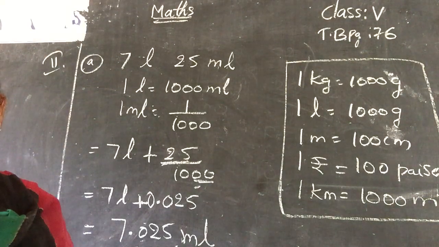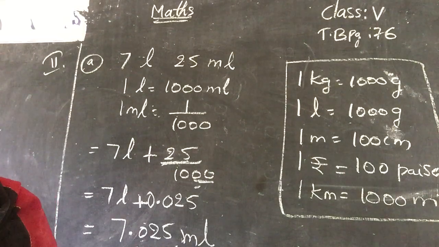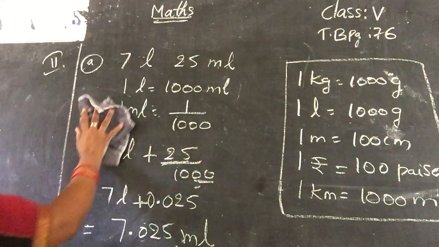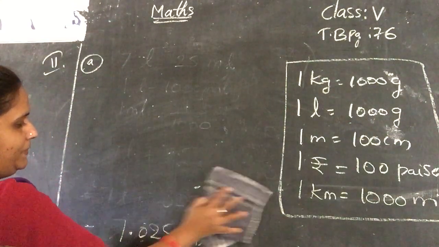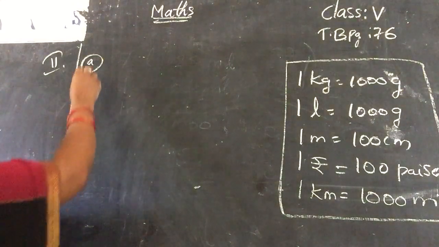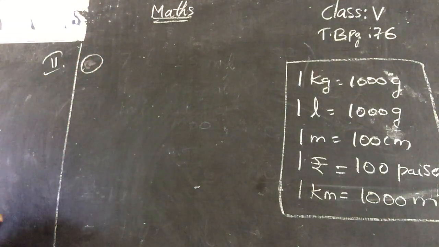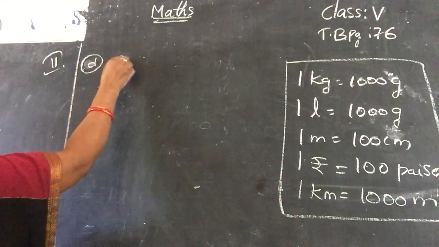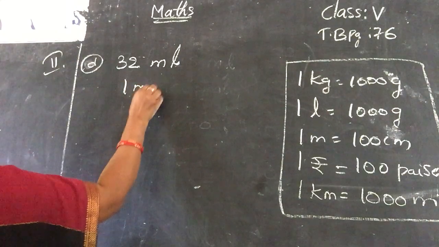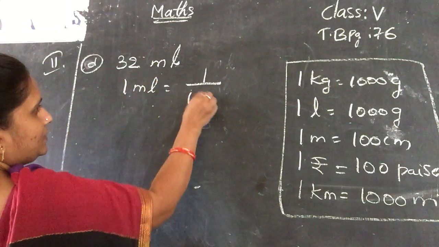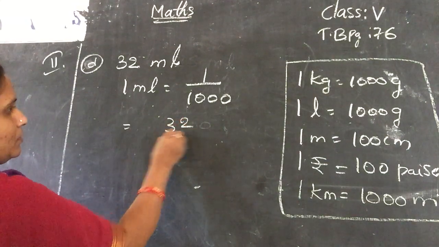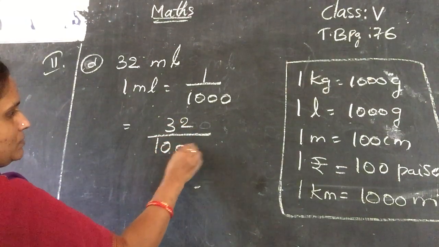Next, remaining all like that only. D: 32 milliliters. In this second section only 32 milliliters. One milliliter is equal to 1 by 1000. 32 by 1000.